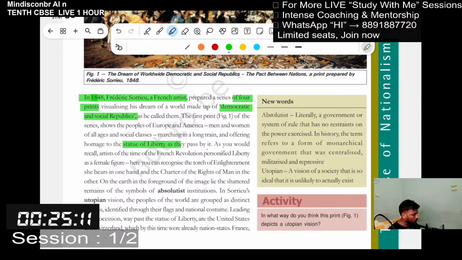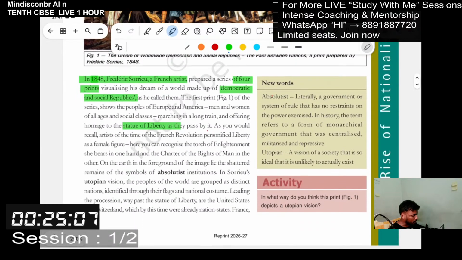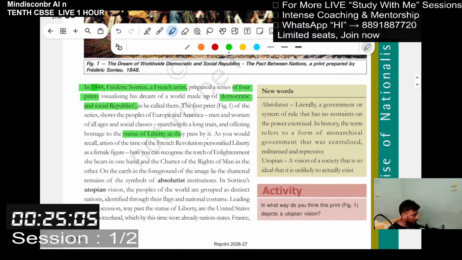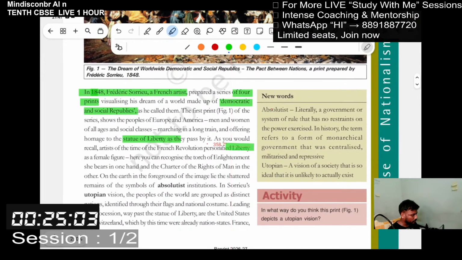As you would recall, artists of the time of the French Revolution personified liberty as a female figure. Here you can recognize the torch of enlightenment she bears in one hand and the Charter of Rights of Man in the other. On the earth, in the foreground of the image, lie the shattered remains of the symbols of absolutist institutions.